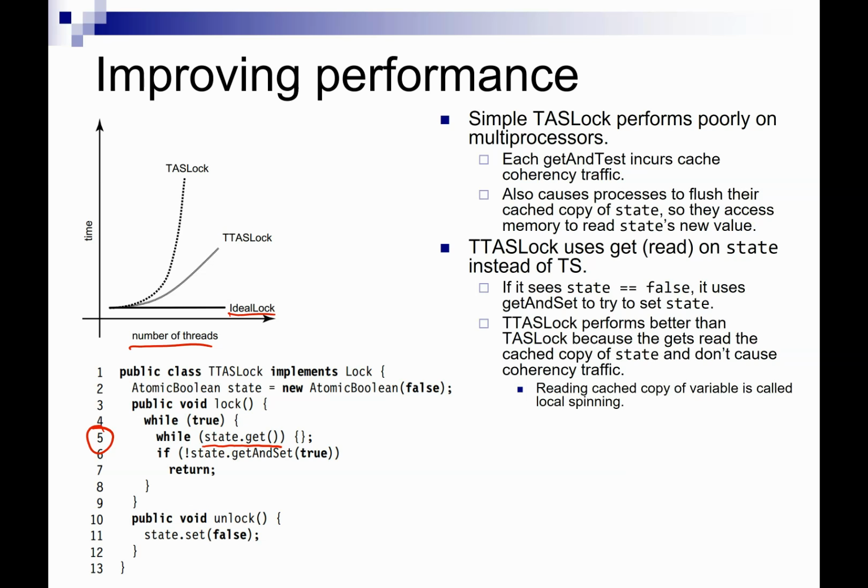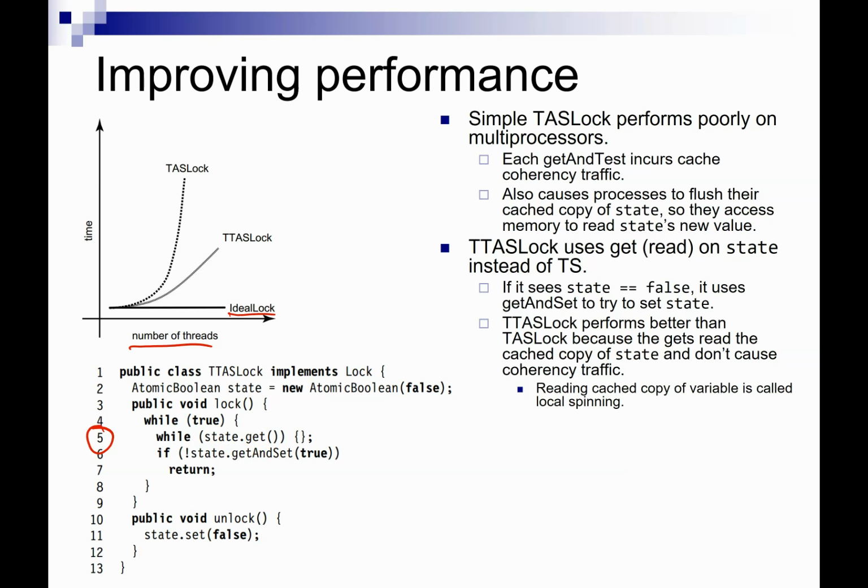The read, the get operation, only causes traffic when the variable changes value. So the state value, just like previously, represents whether the lock is currently locked or not. If it's currently locked, then state equals true. So if I just keep spinning on this state, it continues to be true, so there's no cache coherency traffic.